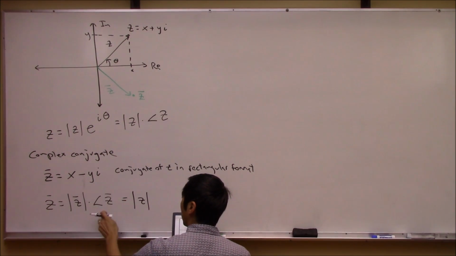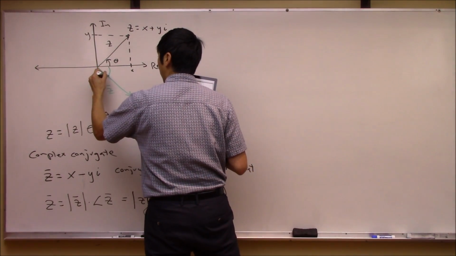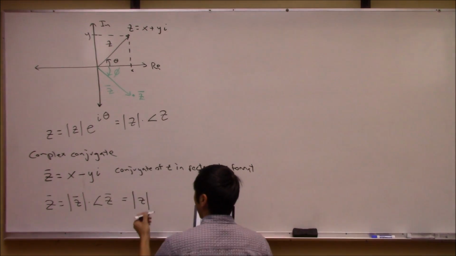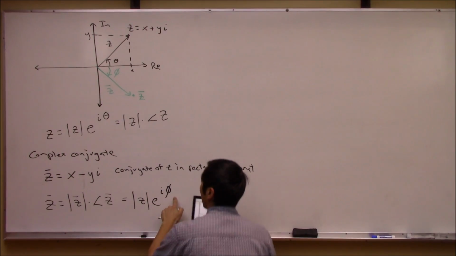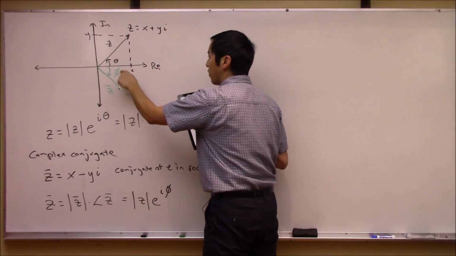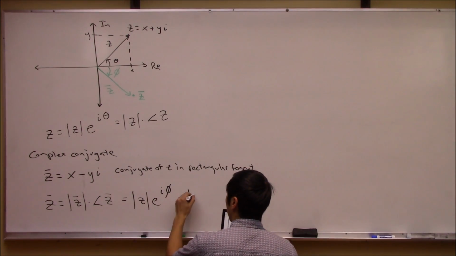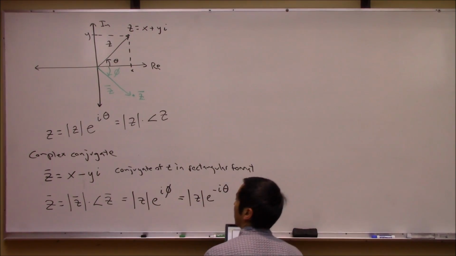And now the angle associated with z bar, well, that's this angle right here. Let's call this angle, I don't know, phi. So you could say this is e to the i phi. But now, take a look at the relationship between phi and theta. They're just negatives of one another. So another way you could write this is magnitude of z e to the minus i theta.